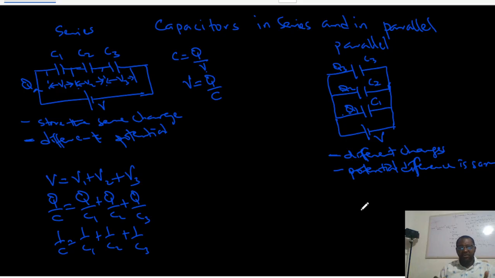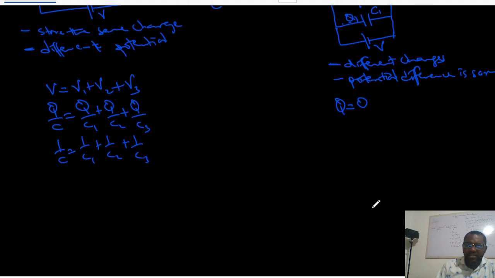1 over this, 1 over this, 1 over this. Don't forget this. But if they are in parallel, they store different charges. The total charge stored by them is Q equals Q1 plus Q2 plus Q3. Since capacitance is Q over V, Q is equal to CV.